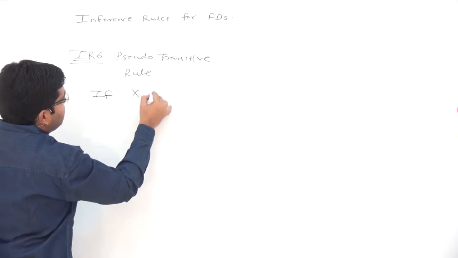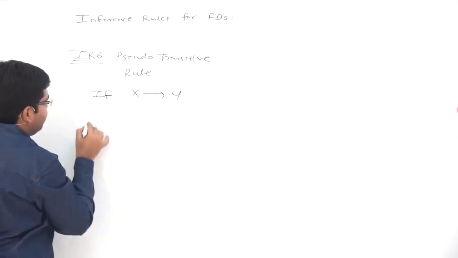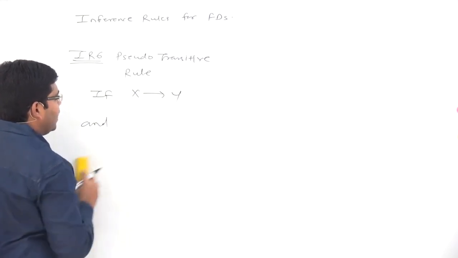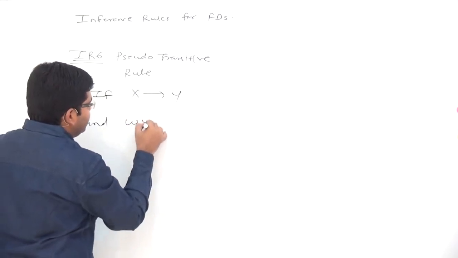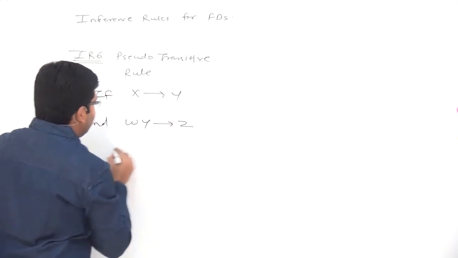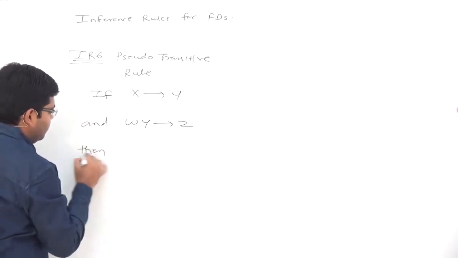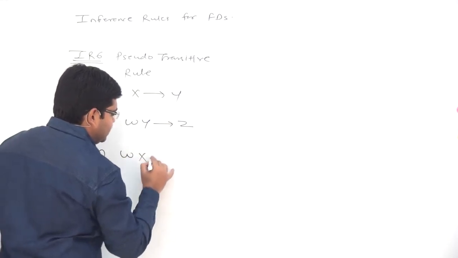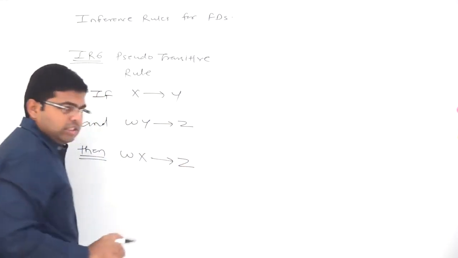If x gives y and wy gives z, then you can conclude that wx gives z.